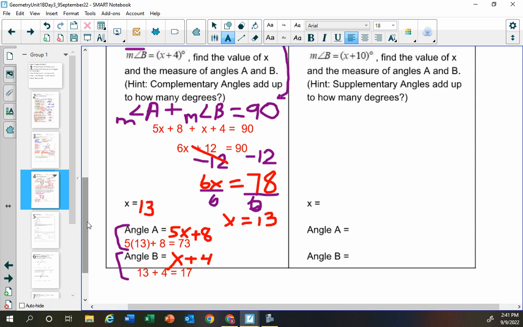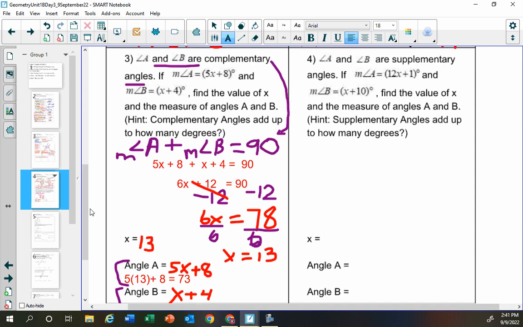All right. Now, really quick, we're just going to talk about the setup for the 4. Supplementary. Add up to 180. So angle A, you said 12x plus 1.